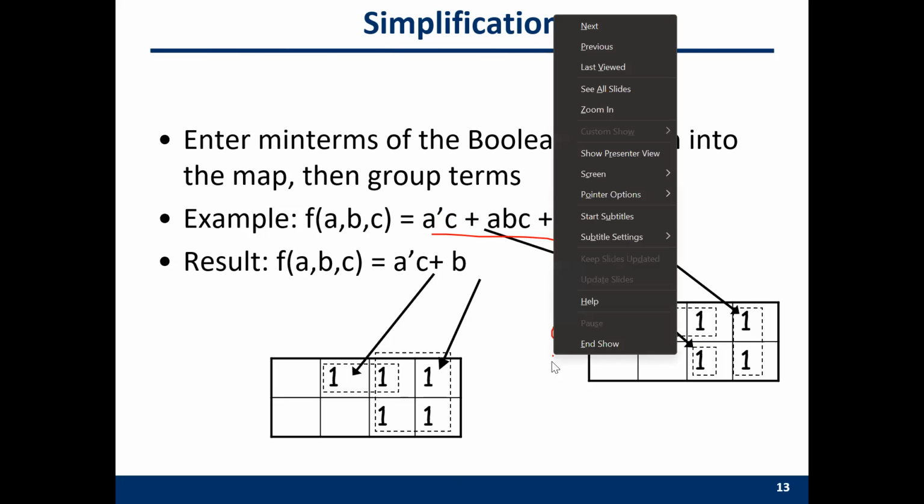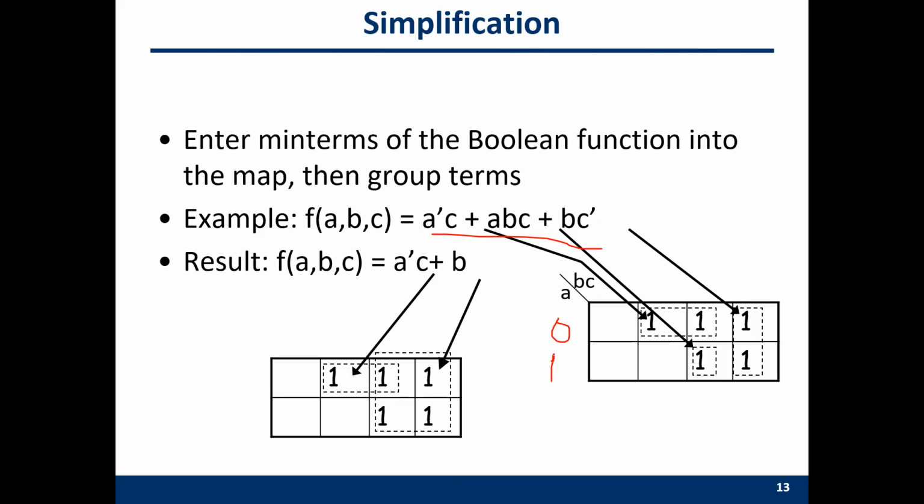This is 1. This is 2 zeros. This is 0, 1. This is 1, 1. Again, this is 1, 1, not 1, 0. The last one is a 1, 0.